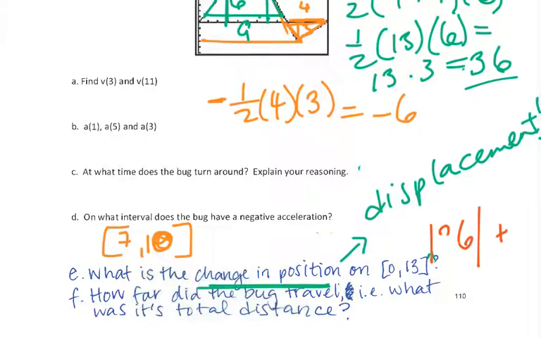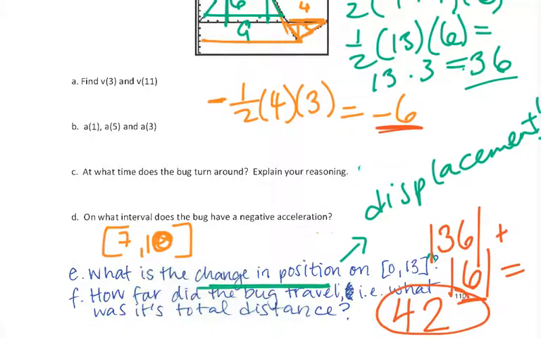And a distance of 6 for the next section. Now, it was originally -6 because that took into account the direction. But here we're just talking about total distance traveled no matter which direction you're going. So our first leg of the trip was 39, and the second was 6. So that gives us a total distance traveled of 45.